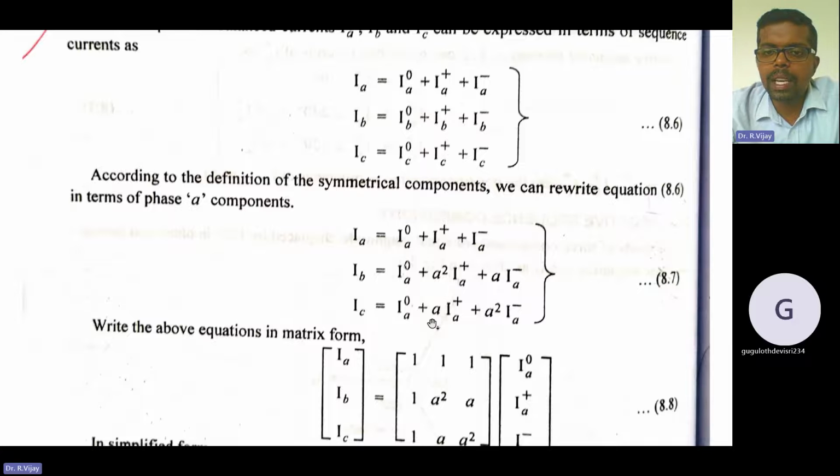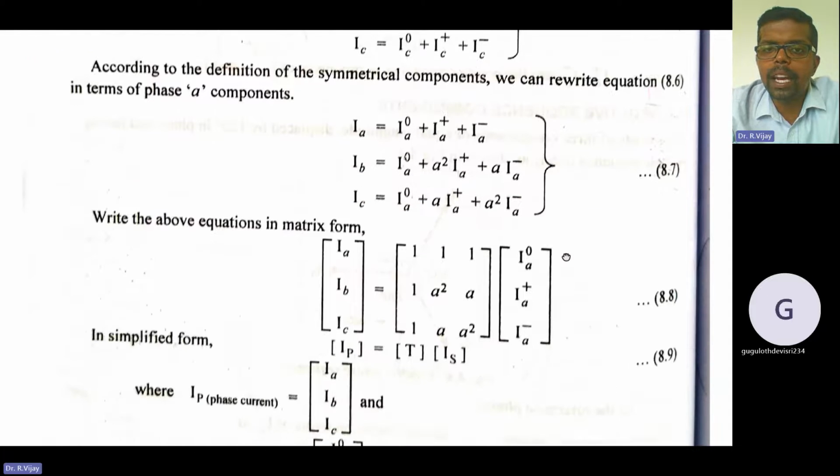IC positive is equal to A IA positive, which is 120 degrees of IA plus, and 120 degrees we take as A. Next, IC minus is rewritten as A squared into IA minus. What is A squared? A squared is 240 degrees, so IC minus is 240 degrees of IA minus, that is A squared into IA minus.